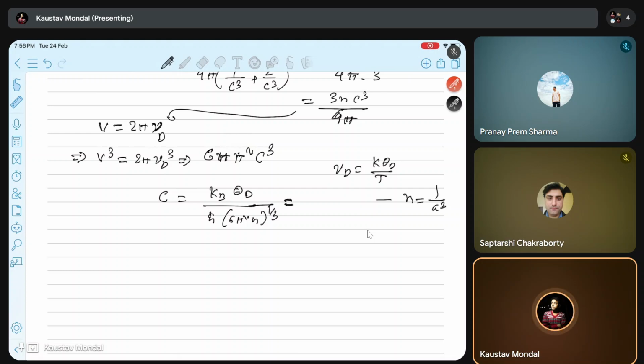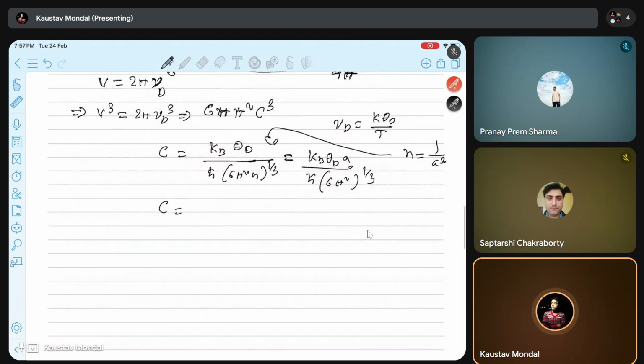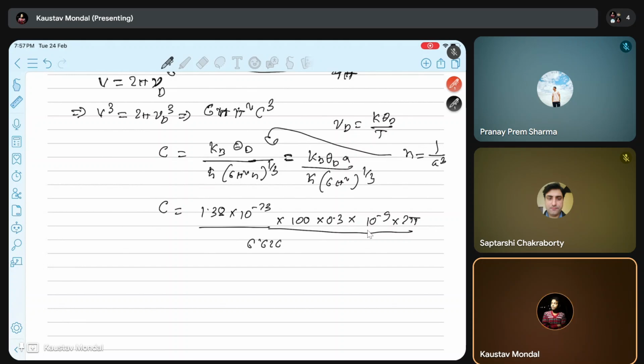So if you substitute this thing here, it will become kB theta D by a into h cut, 6 pi square to the power 1 by 3. If we substitute everything here, so 1.38 into 10 to the power minus 23 into 100 into 0.3 into 10 to the minus 9. Now in the denominator, if you substitute the other constants, 6.6 into 10 to the power minus 34 into 6 pi square. Okay.